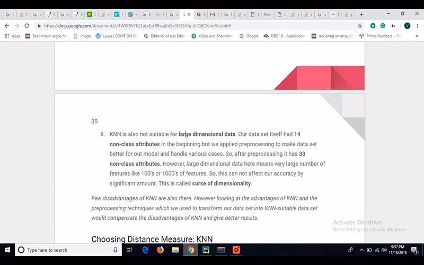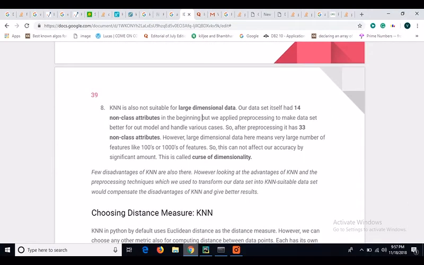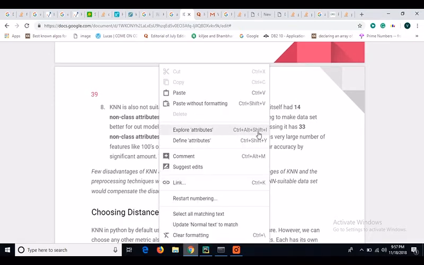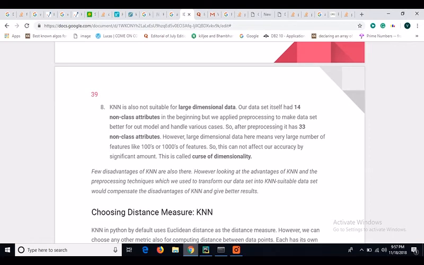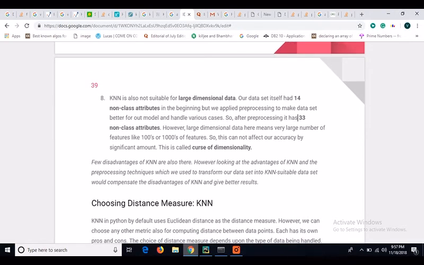One of the disadvantages of KNN is that it's not suitable for high dimensional data. But the initial data set had 14 non-class attributes, and after pre-processing and cleaning, the final data set had 33 non-class attributes. Although we have increased the number of features, we have produced a clean data set with a good relationship and understanding for the KNN model, so that it can apply Euclidean distance and other measures appropriately.